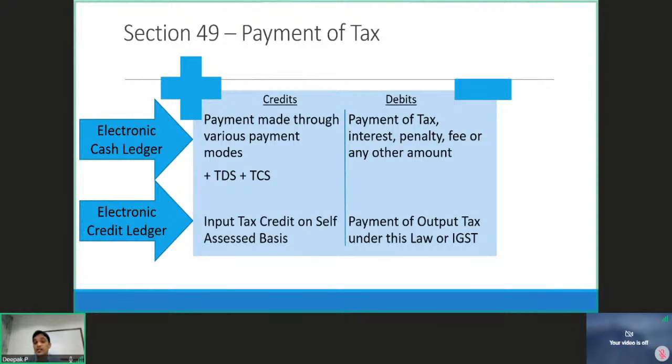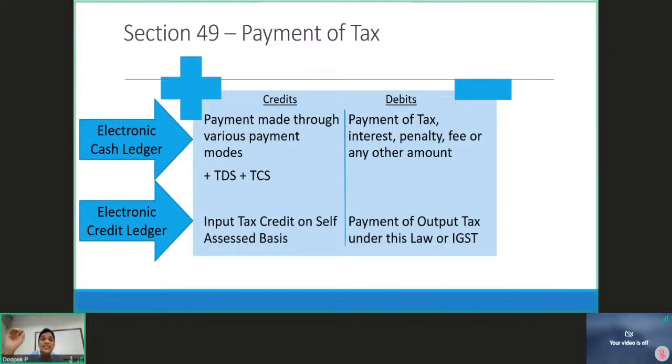TDS and TCS from income tax is different, dear friends. TDS and TCS under income tax get credited on a PAN basis and on your PAN level. But that TDS and TCS is not what we are talking about. There is a separate provision of TDS and TCS under the GST law, which is what we are talking about, saying that when you make a sale transaction, the other person will have to deduct TDS on certain transactions.